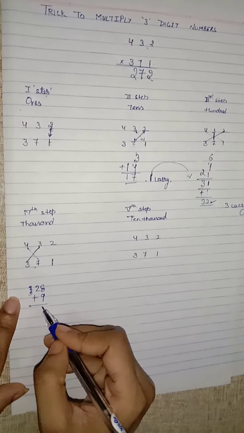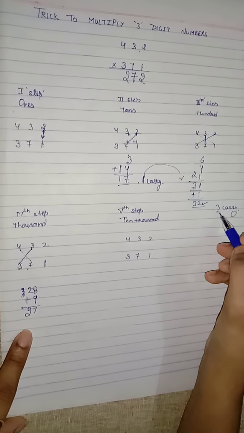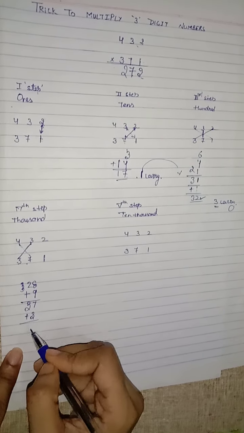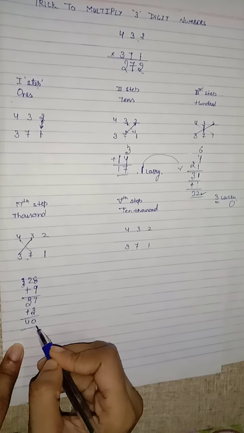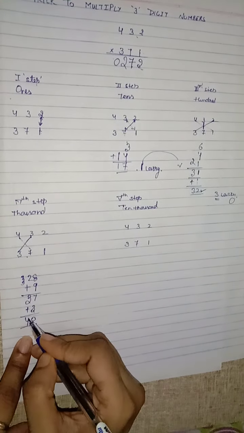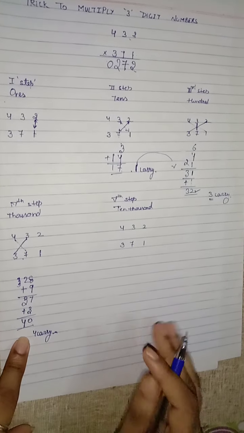Add them, it is 37. We have carry 3 here, so we will add this carry in it and the answer is 40. Now we will write 0 of 40 and the 4 is again carry over.